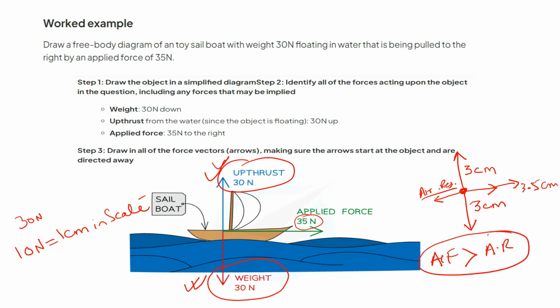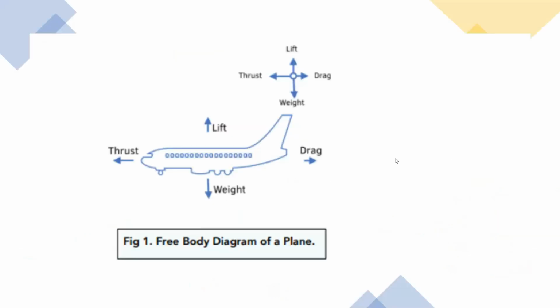We don't know the exact value, but we have to make sure the length of this arrow is less than 3.5 centimeter. Right, so this is how you will draw a free body diagram for a boat which is sailing in a river or in a pond or in a tank.